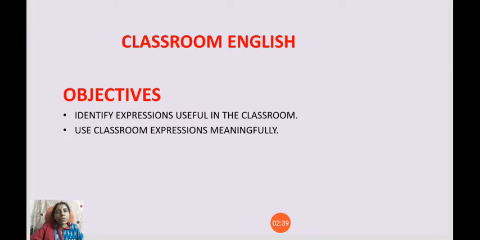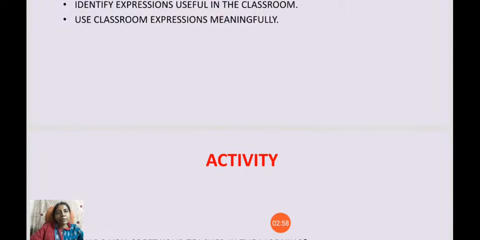Use classroom expressions meaningfully. Whenever there is a need of such an expression, you will use the appropriate expression. So after this class, you are going to learn these two things. So let's go to the class.